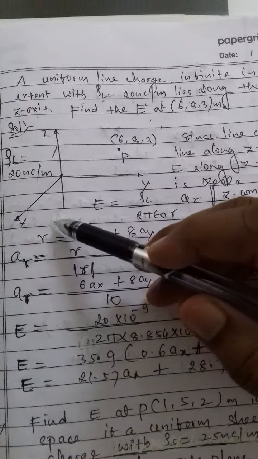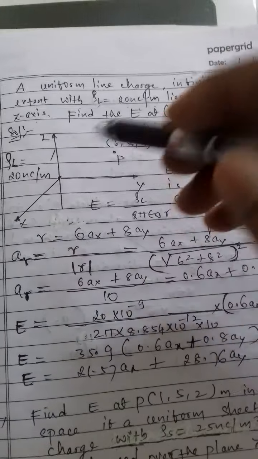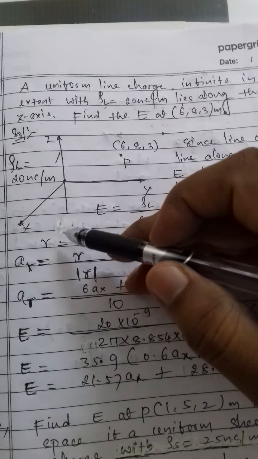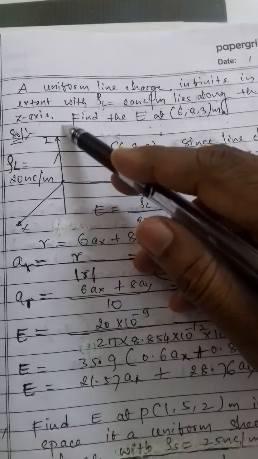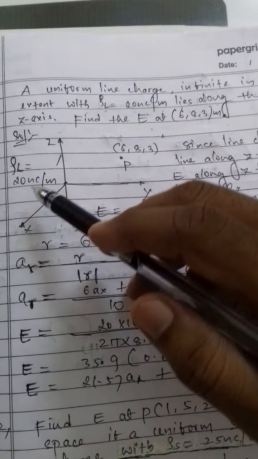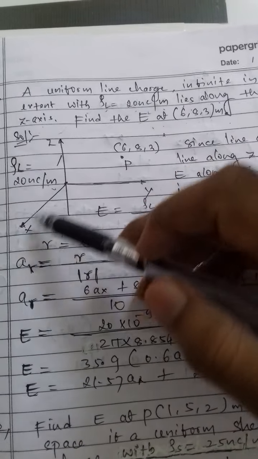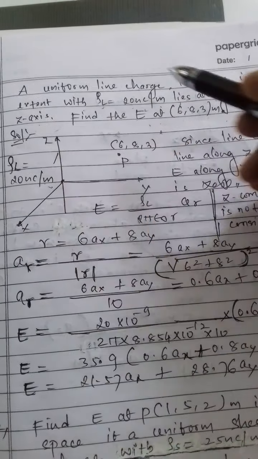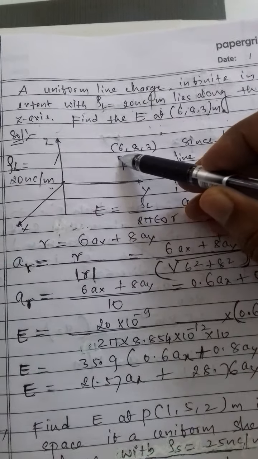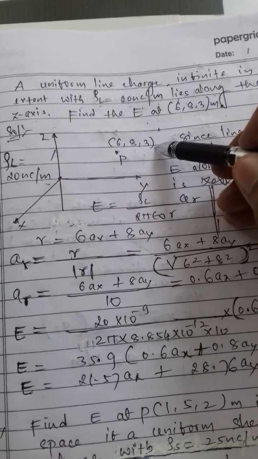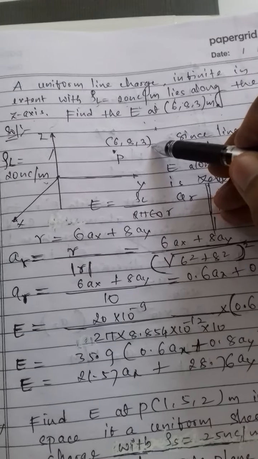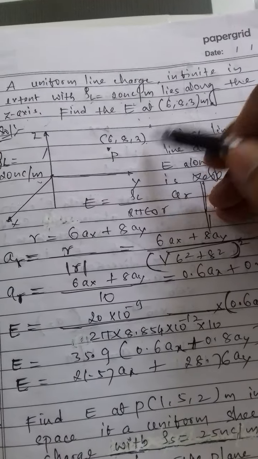Here the infinite line charge extends from minus infinity to plus infinity, and its magnitude is 20 nanocoulomb per meter. With axes x, y and z, this is the point P (6, 8, 3), the point at which you have to determine the electric field intensity.